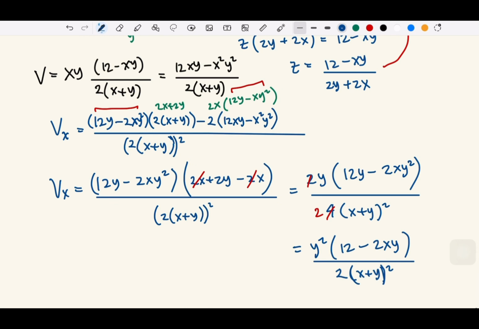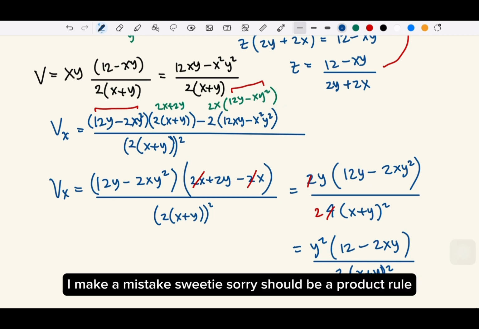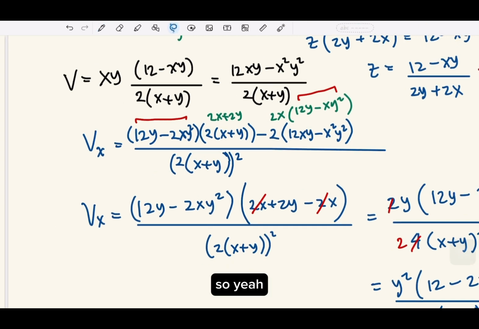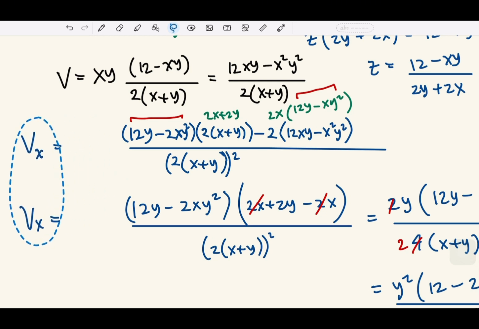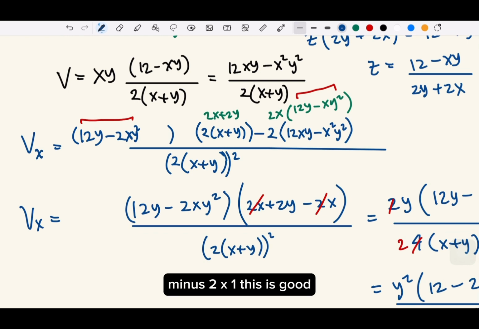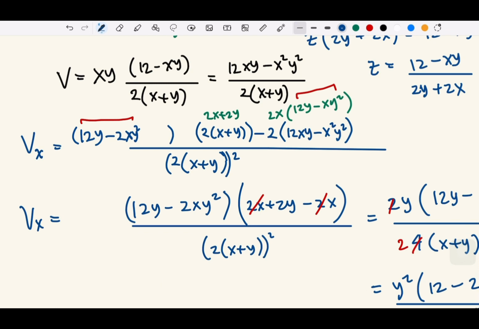Oh, I think I made a mistake. Really sorry. It should be a product rule. Minus 2x squared. This is good. 2x plus y.